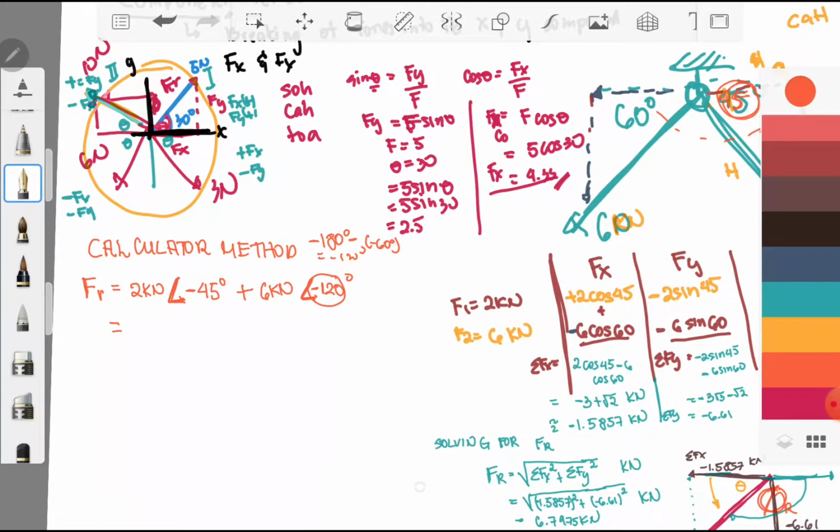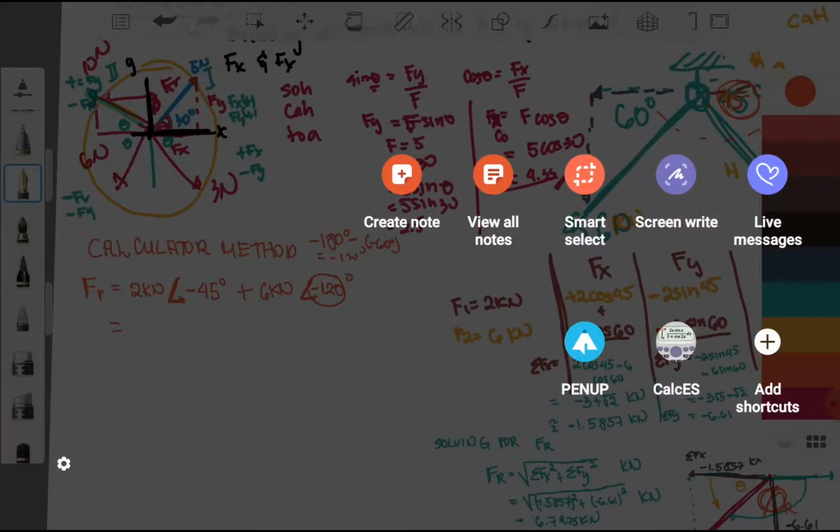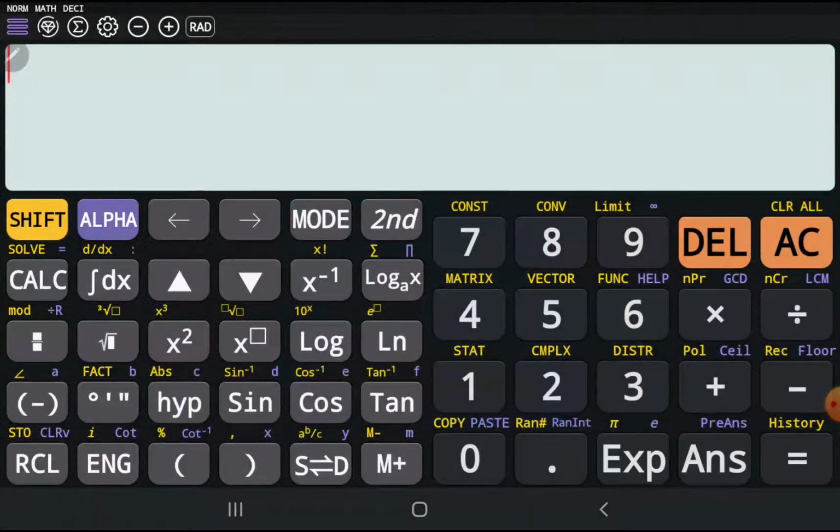How will we solve it using your calculator? Directly input it into your calculator. So this is a calculator like your 991ES. Using this calculator, we'll input the value of your 2 kilonewton. Take note that your calculation should be in decimal or in degrees.